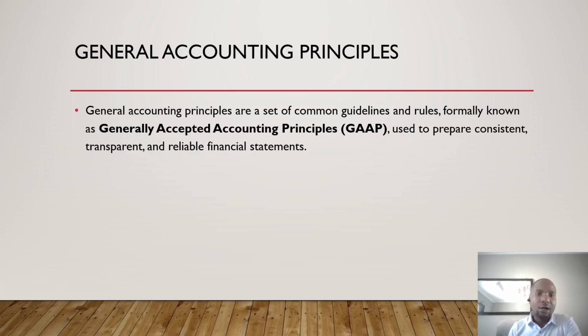So the general accounting principles are simply a set of common guidelines, rules, formerly known as the Generally Accepted Accounting Principles, GAAP. You must have come across this term. These are used to prepare consistent, transparent, and reliable financial statements.